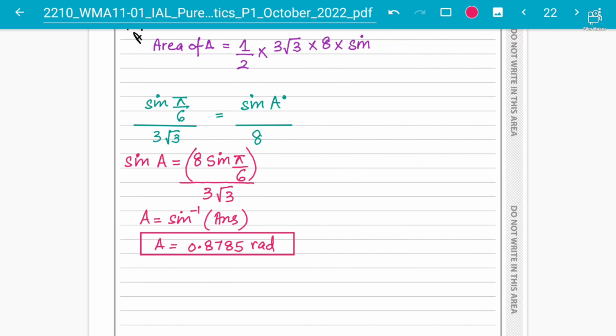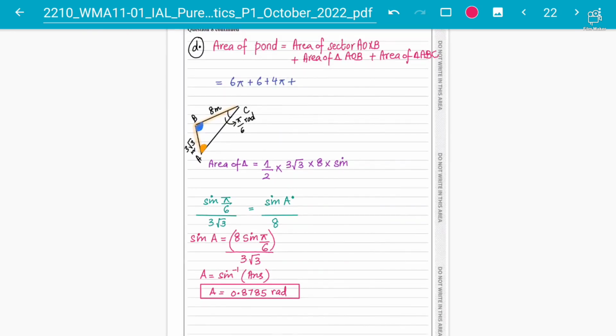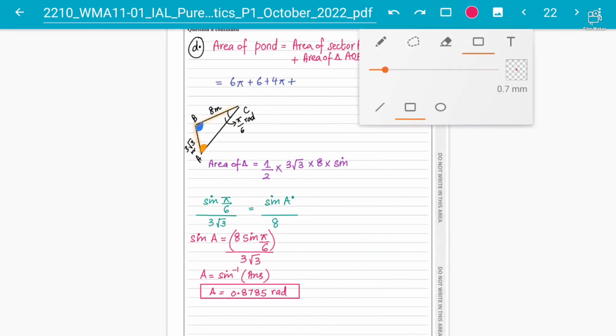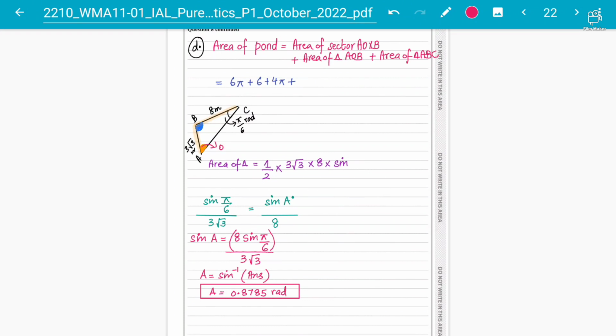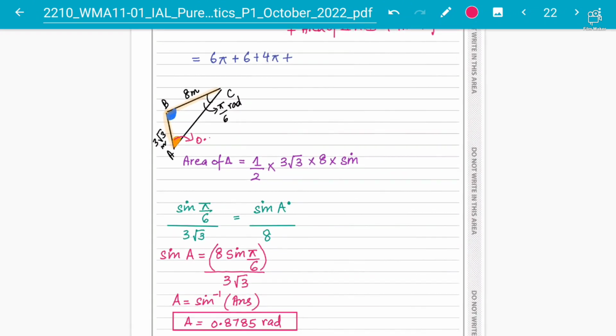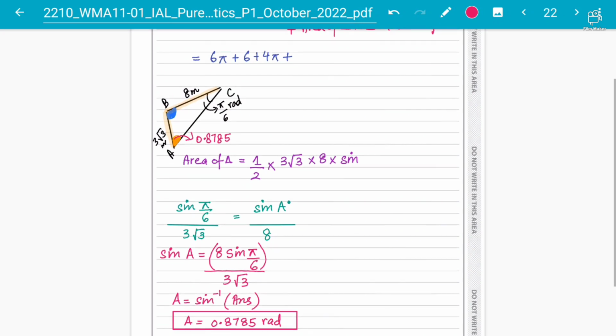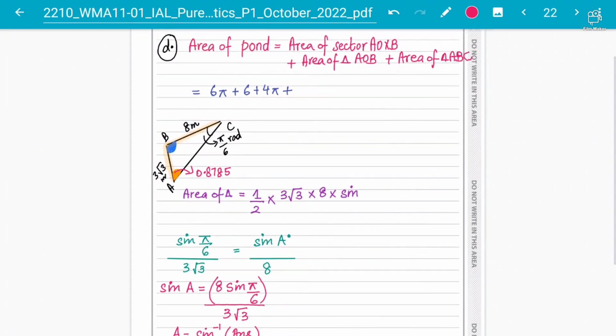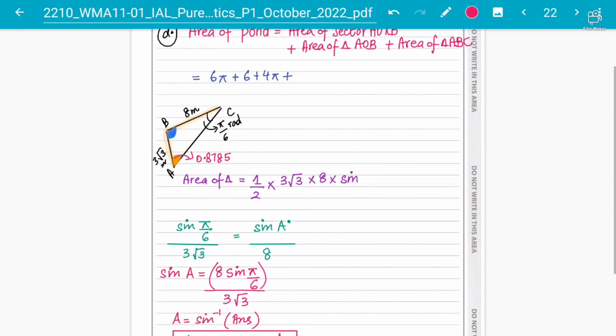When you get this angle, you understand that you have this angle as well, sir. You can easily apply the 180-degree rule, that all the angles of the triangle add up to 180. So here we go. This is going to be the angle, pi, that is 180, minus pi over 6 minus 0.8785.